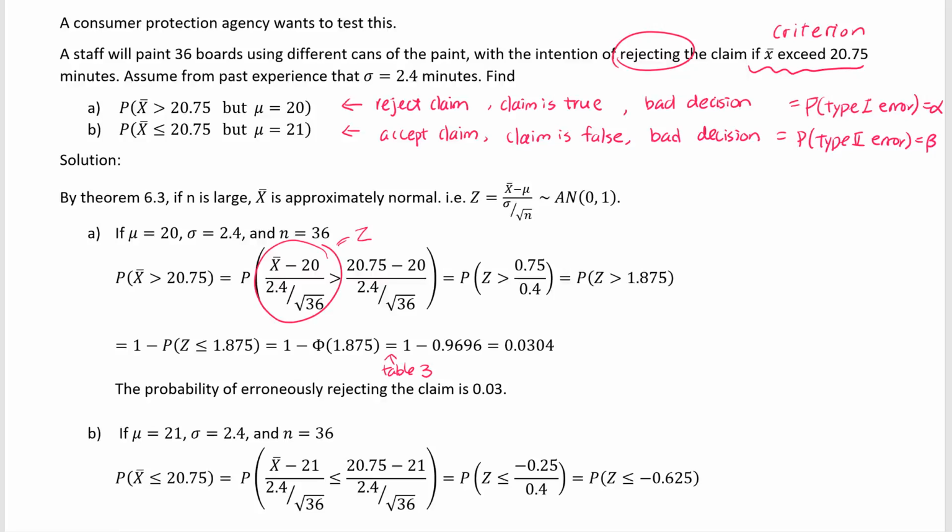You can pick 21, 22, 25, or 19. So when you calculate part B, the type 2 error beta really depends on the mean you pick. Different mu give you different values for beta. It's a function of mu. So far, so good, everybody?